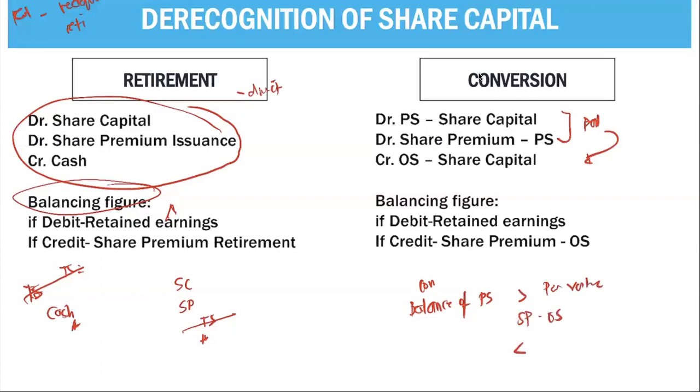If the balance of PS is lesser than the par value, then we have retained earnings. Conversion is different from kanina. Kanina kasi, consideration. Doon sa consideration, tandaan ninyo, meron tayong discount on share capital. Dito, pag less than, RE, because we just converted a previous equity account to another equity account.